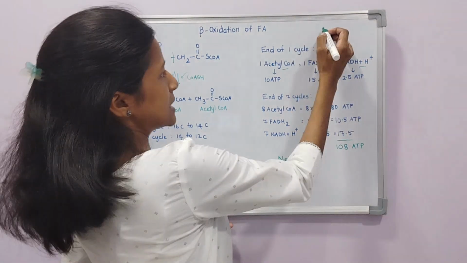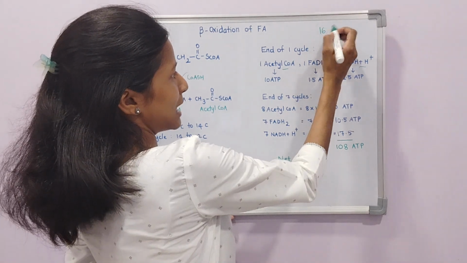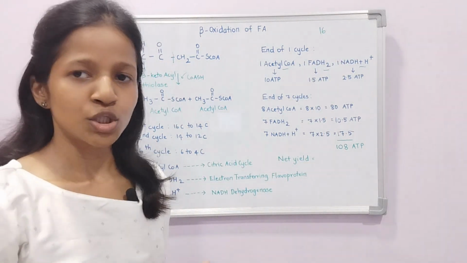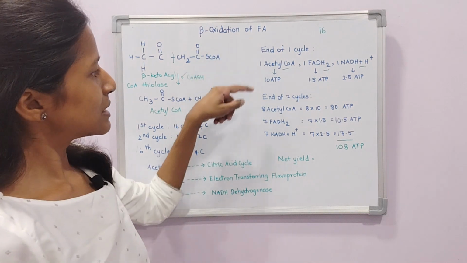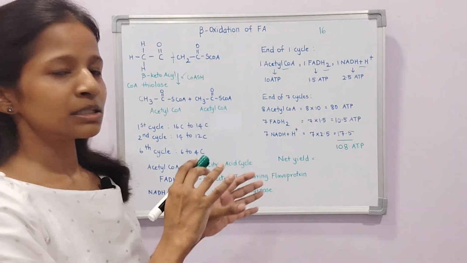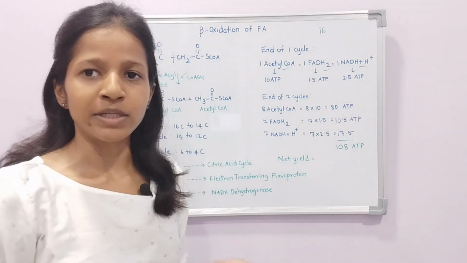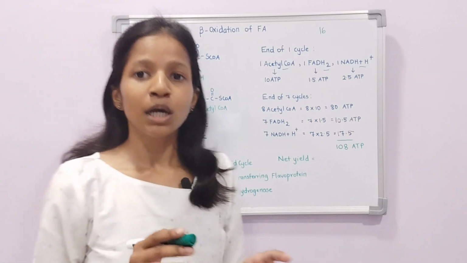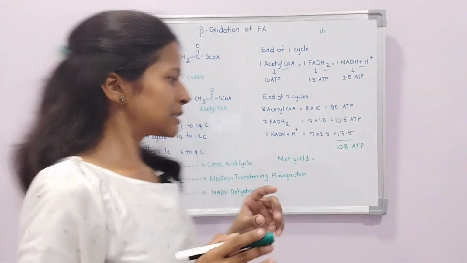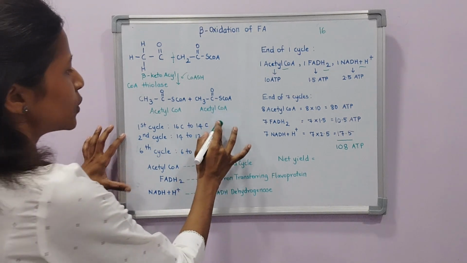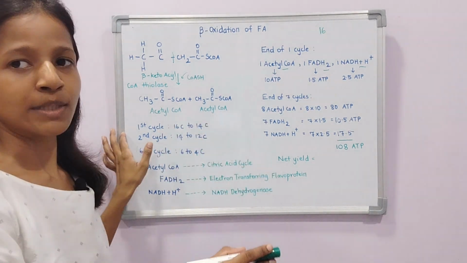Supposing we are taking a 16 carbon chain length fatty acid, which is palmitoyl CoA, it has to undergo 7 cycles until the carbon atoms are successively reduced to form acetyl CoA. Not 8 cycles, it is only 7 cycles, because in the first cycle it is going to be 16 carbons to 14 carbons.